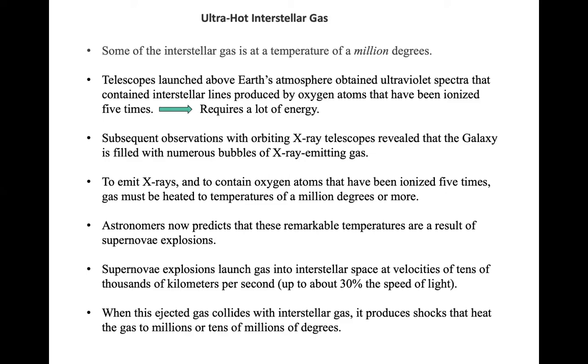So there are two observations. We have observed X-rays, and then we have observed oxygen atoms that have been ionized 5 times. So from these two observations, we can claim that this gas must be heated to millions of degrees in order to observe these two things, right? Now you can see that in astronomy, you can't go and touch objects, right?